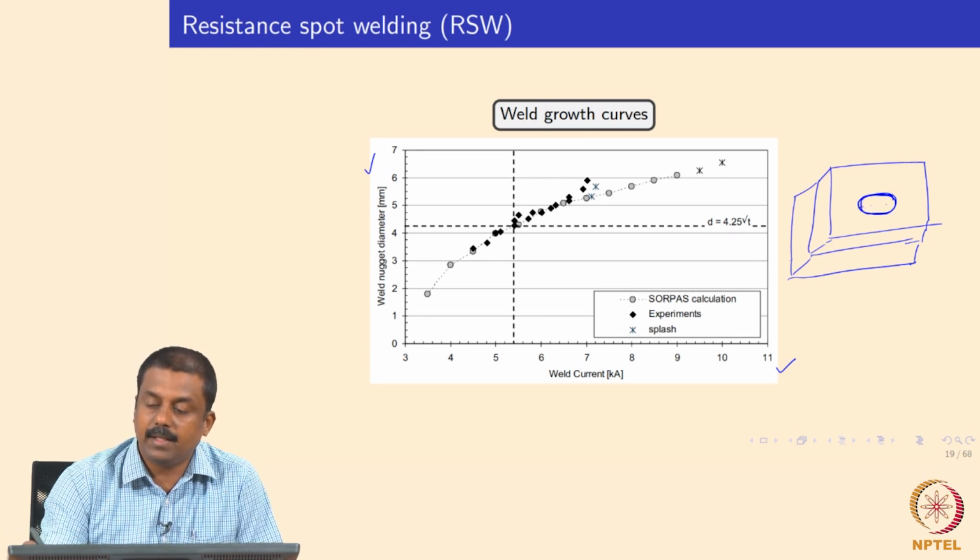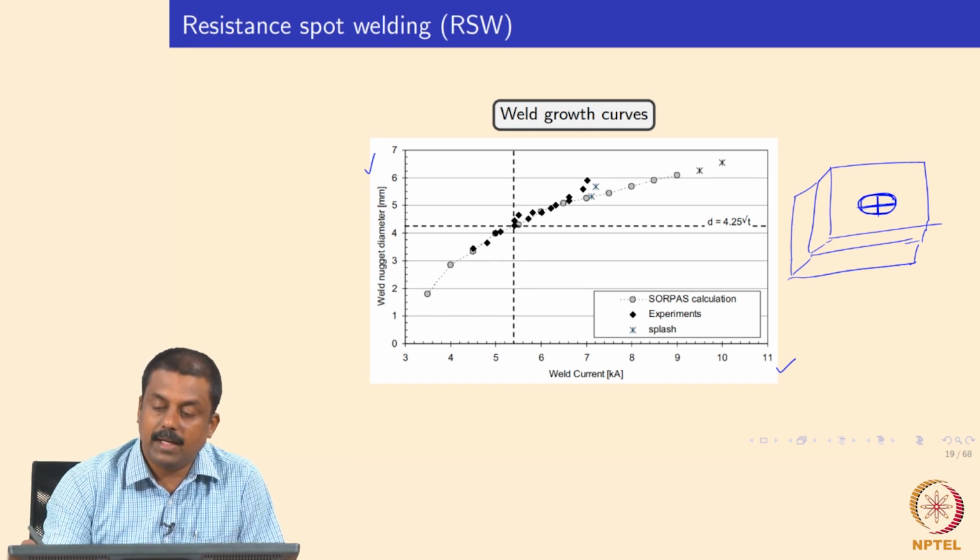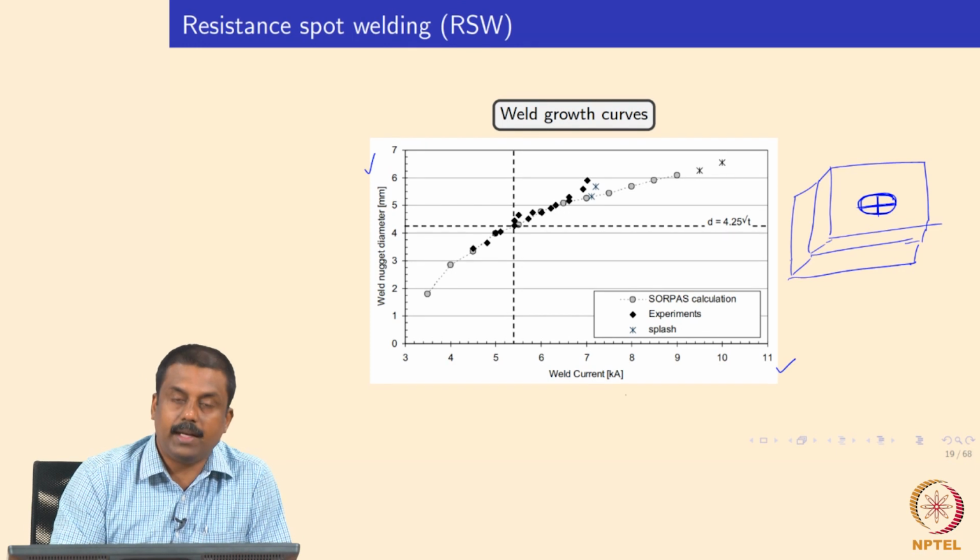We measure the diameter, generally the long axis, the axis along this direction. That diameter we either take as the weld nugget diameter, or you can also average it between the long and the short axis of the ellipse, and identify the weld nugget diameter on the top of either side of the surface.